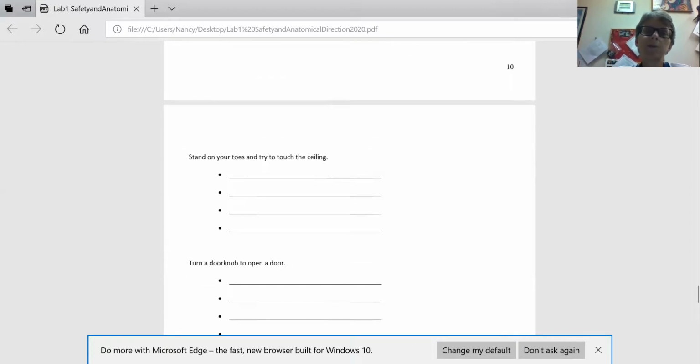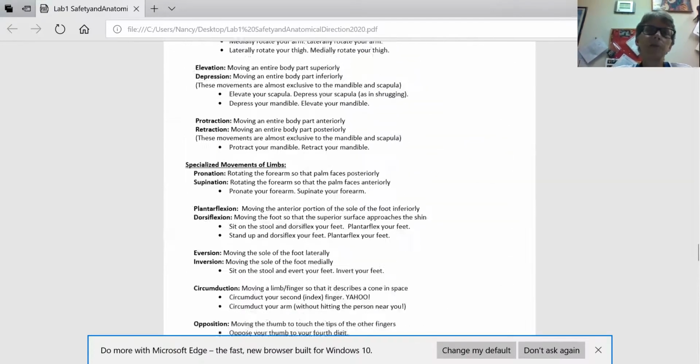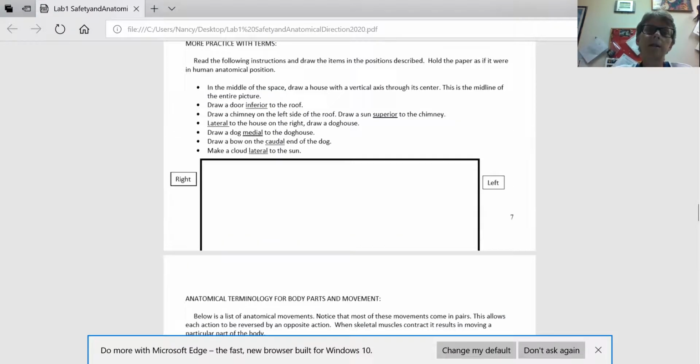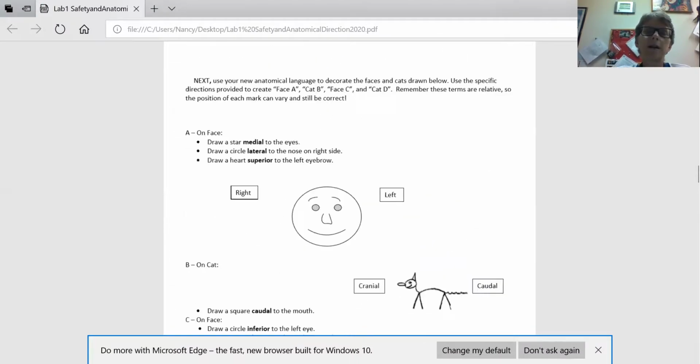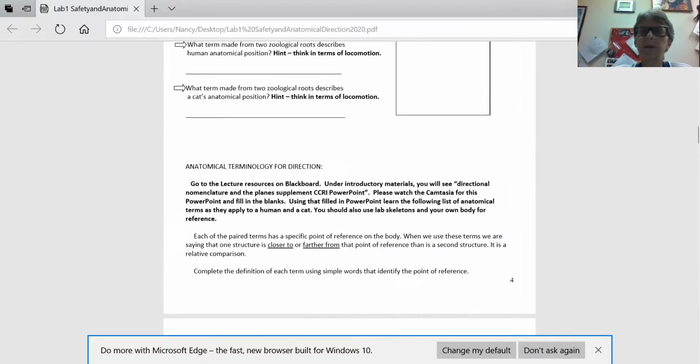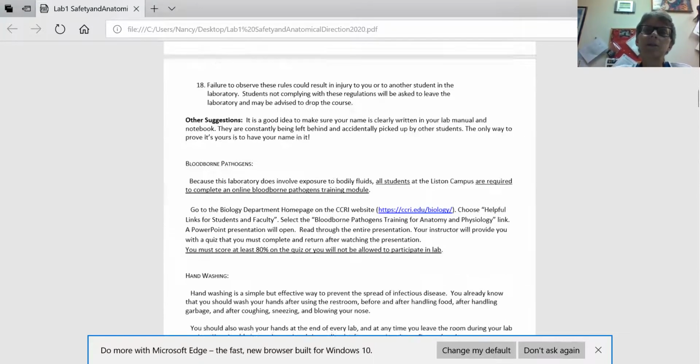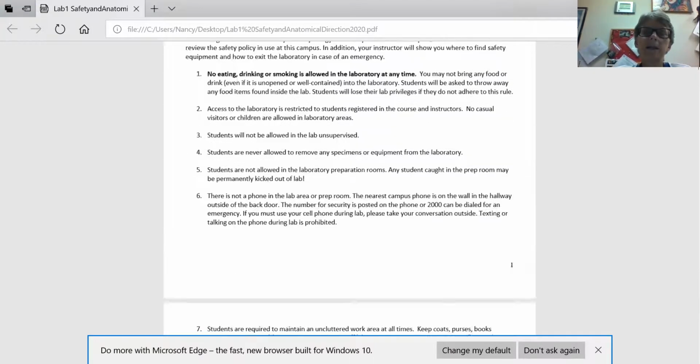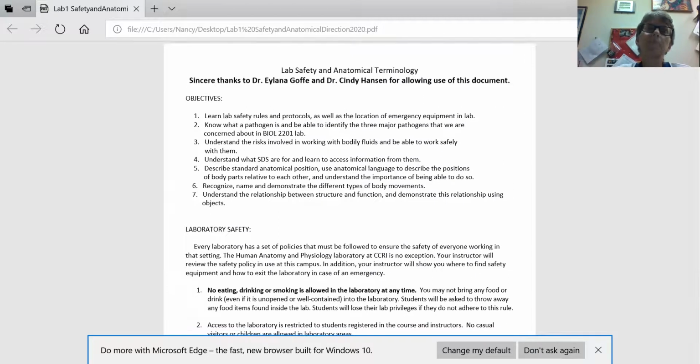If you're working with this lab online and you can convert that and write online and draw online, good luck with that. I can't do that very well, but if you do that, again, you can just save it as a PDF and send it to me. Okay, but all of your lab work comes to me. Dr. J is the lecture professor. I will be handling the lab assignments.